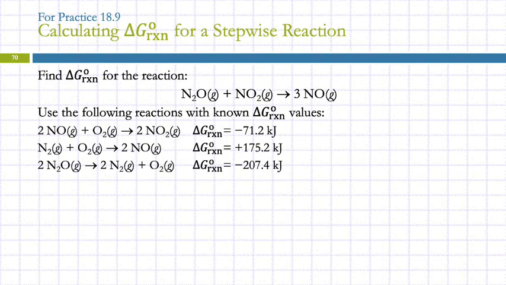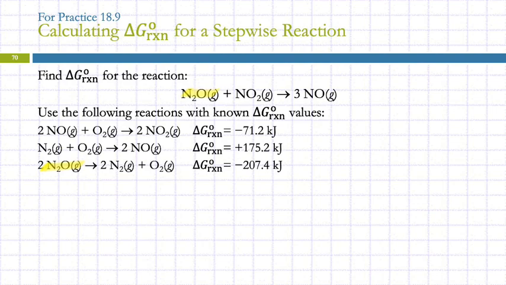Okay, so how do we put these together? There's different approaches. What seems to work pretty well is let's identify what these things are. There we go, highlight. So N2O is a reactant, and let's find it in these other reactions.